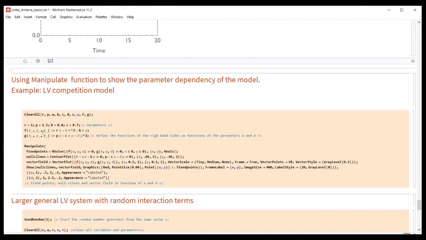For example, in that case, we have two parameters, A and D, and A is the self-inhibiting competition parameter of the competitive Lotka-Volterra in case of the one species, and D is this parameter again in case of the other species.